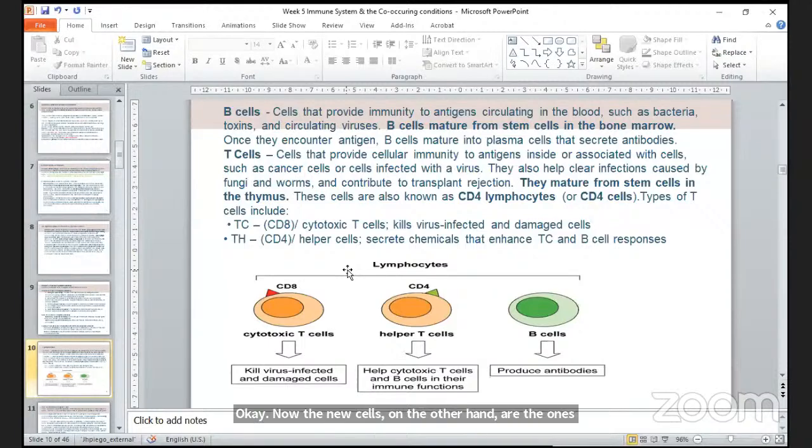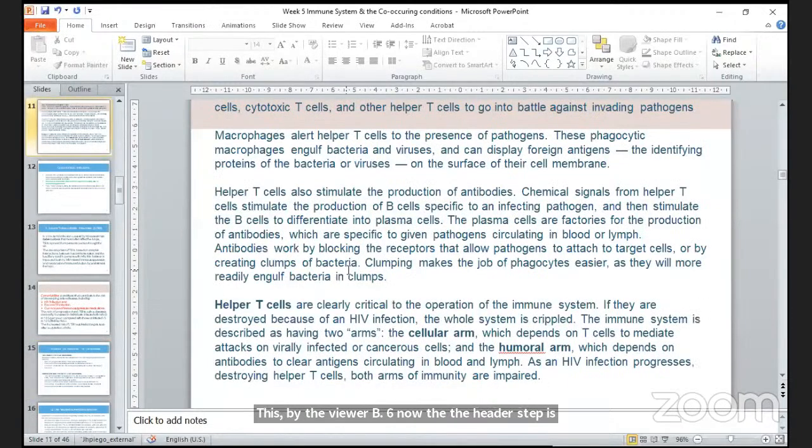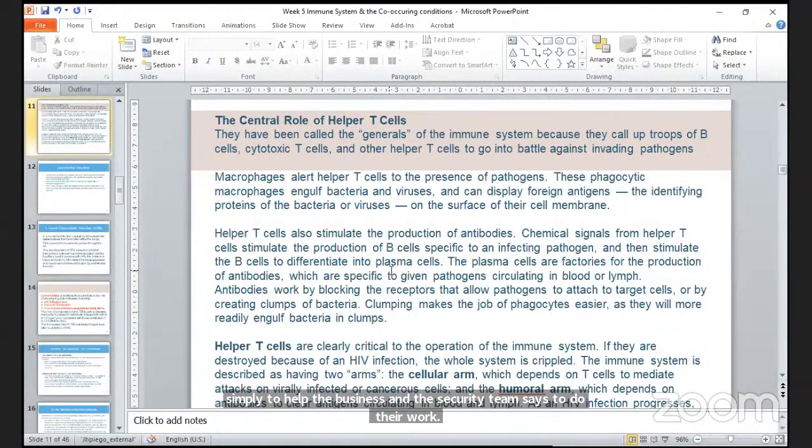Even when the HIV virus attacks the body, antibodies will be produced, right? The antibodies are not produced by the CD4. They will be produced by the B cells. The helper cell is simply to help the B cells and the cytotoxic T cells to do their work.